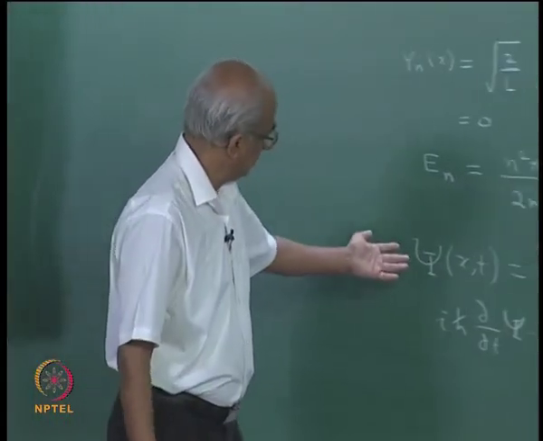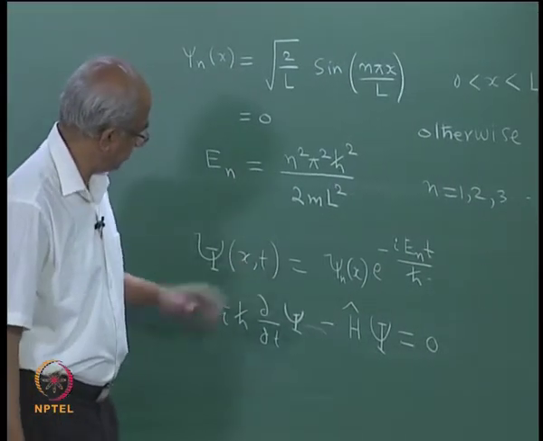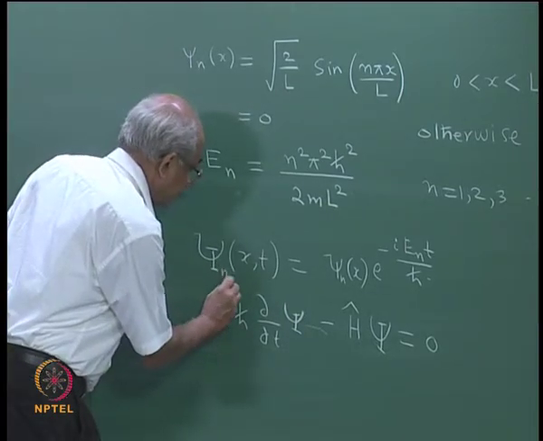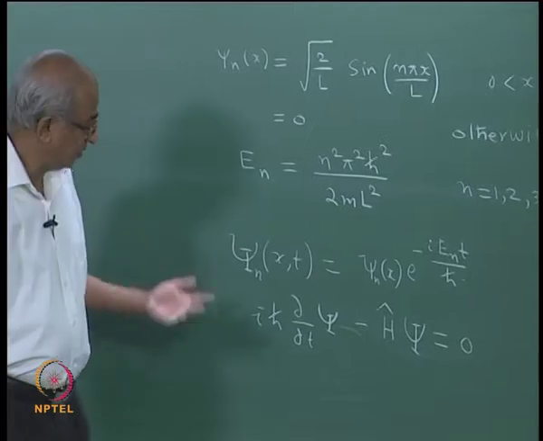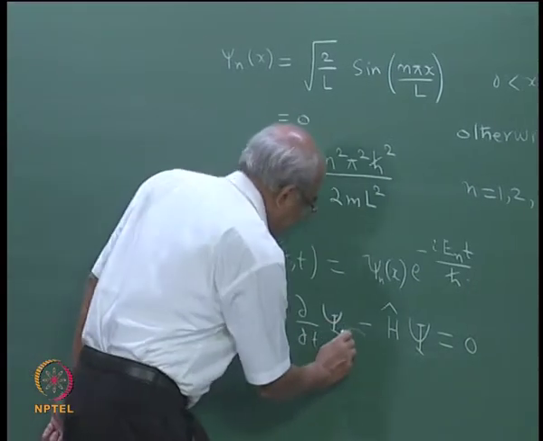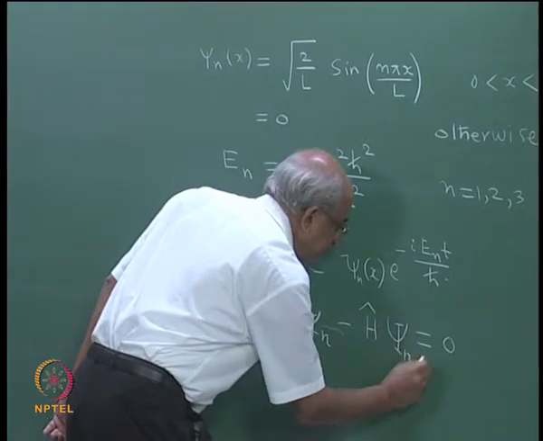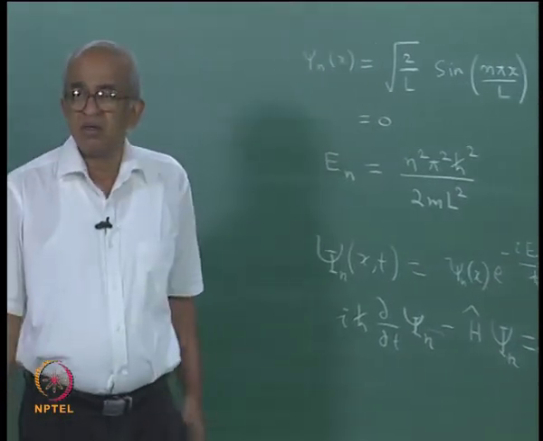So, any psi that you have of this form, maybe I can put a subscript n here, because psi itself now depends upon n, okay, and that psi n will actually obey this equation, correct.